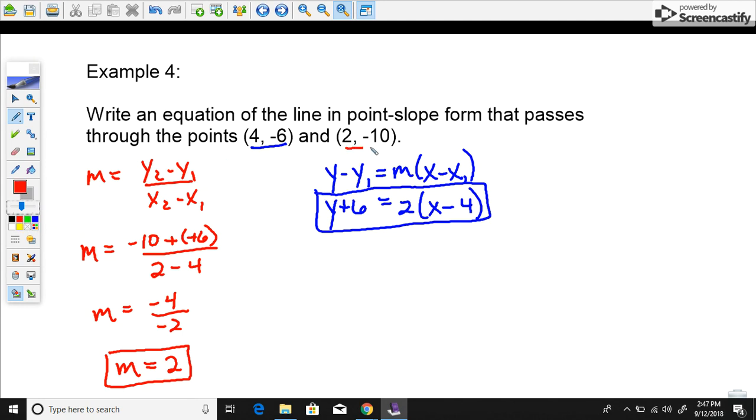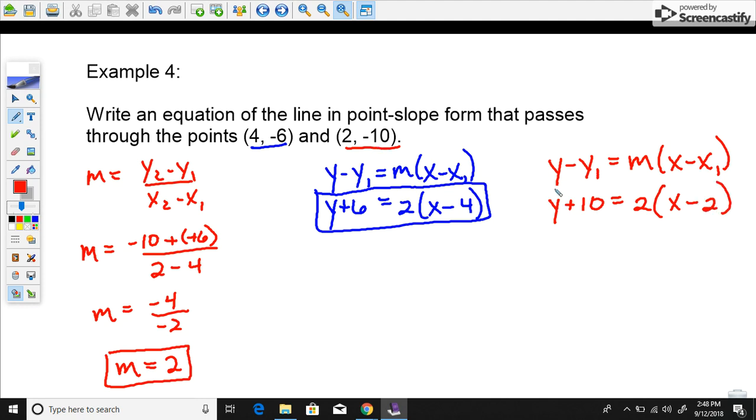If I choose to use the other point, I'll do it in red. Write my point slope form. I would do y minus my y coordinate, which is -10, so this becomes +10, equals the slope, which is 2, times the quantity x minus my x coordinate, which was 2. Using the second ordered pair, this would be my point slope form of that equation.